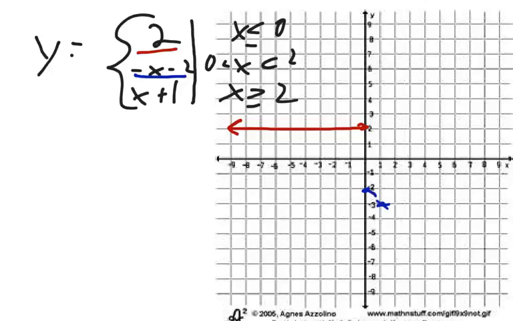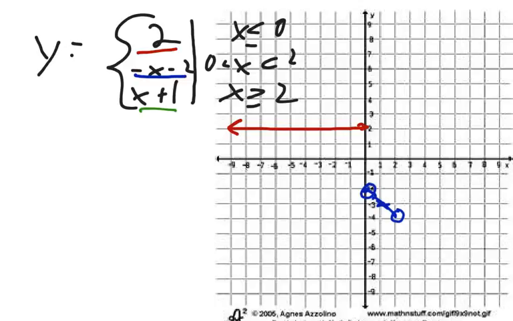And this would be my line, except we're only going from 0 to 2. So I'm going to put an open circle at 0, an open circle at 2, and only the line in between would be there. So I would have generally made the entire line and erased it, but I don't have an eraser.